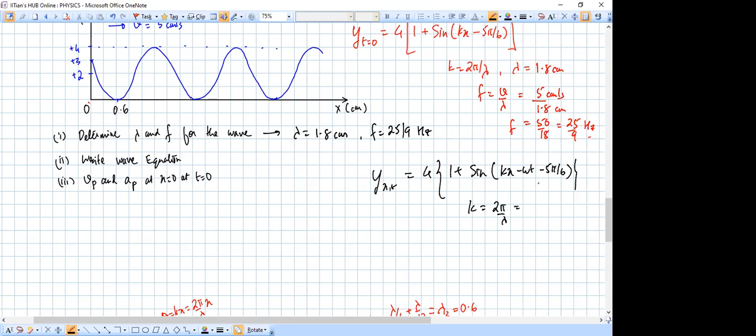Okay, such that now, so this becomes, okay, and omega becomes, sorry, k is in radians per centimeter.